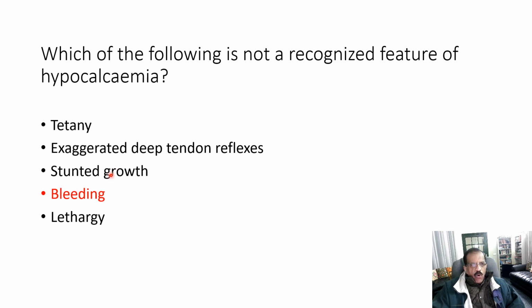And before one would develop that degree of hypocalcemia, there would be other manifestations like seizures, and maybe death, before one develops hypocalcemia of the severity which may cause bleeding disorder. So based on that theory, I guess this statement is not a recognized feature. If somebody presents with bleeding disorder, then you need to consider other possibilities.